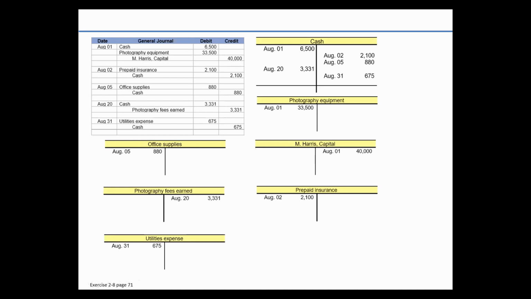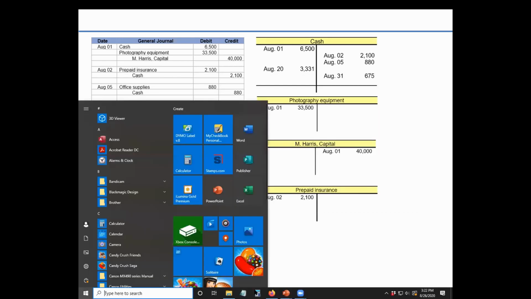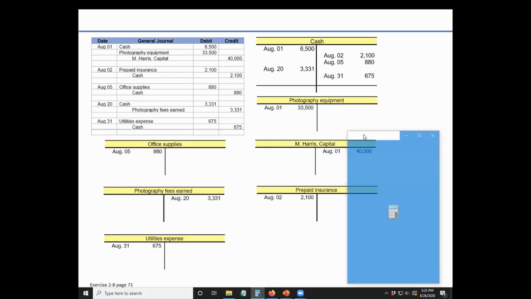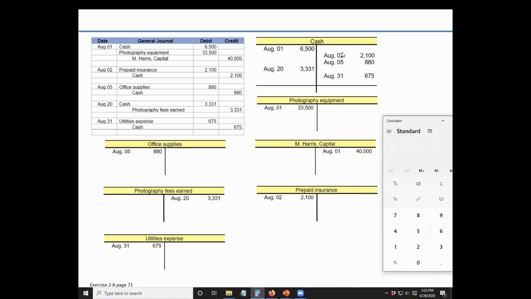But before I do that, so far, does anybody have any questions? Yeah, I have a quick question. When you're crediting cash and then you're crediting Harris Capital and the other one, are those just different accounts, like photography fees earned? Each one of these, yeah, each one of these is an account.